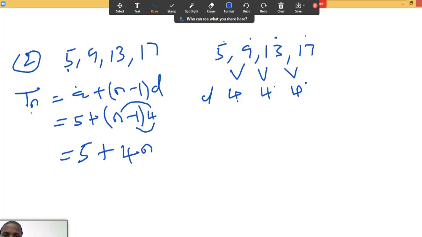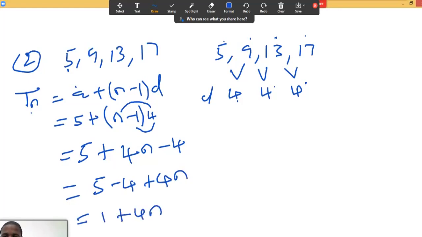So we get 4n minus 4. This is the same as 5 minus 4 plus 4n, which is 1 plus 4n. You can rearrange it and write it as 4n plus 1. So our Tn, our general formula, is 4n plus 1.